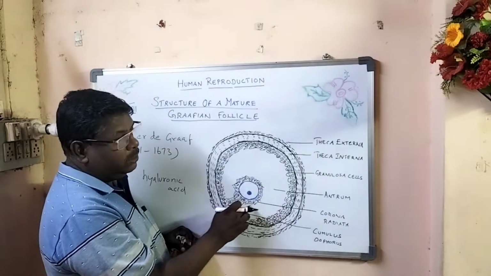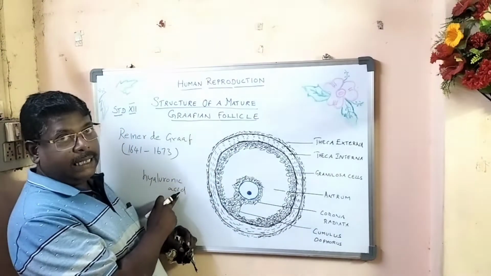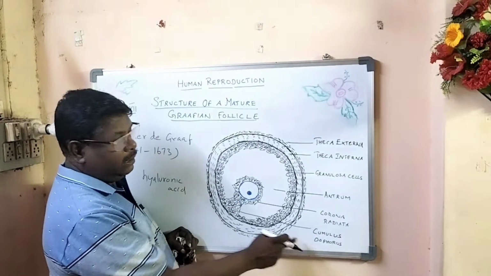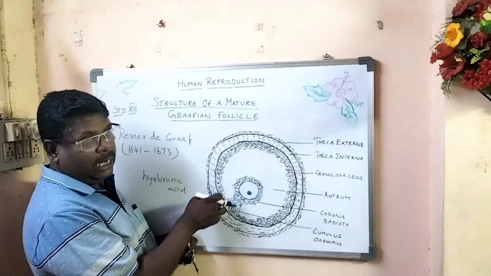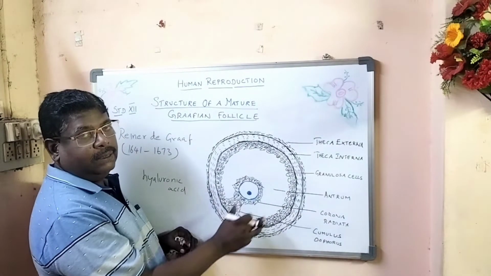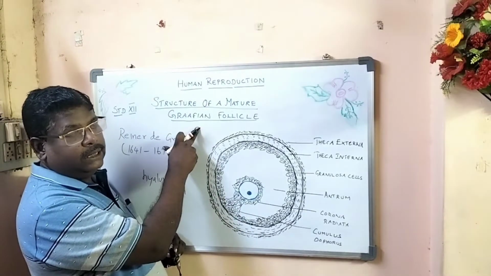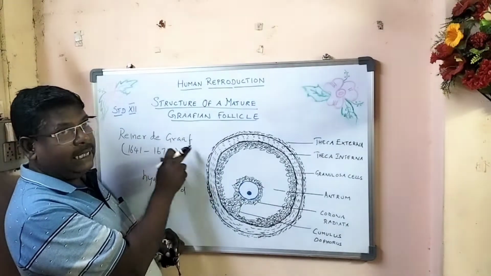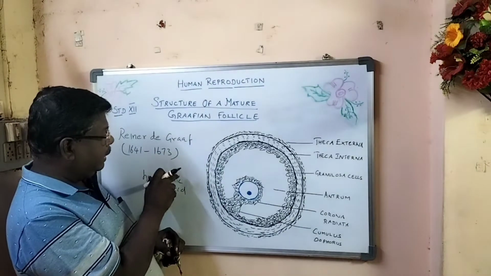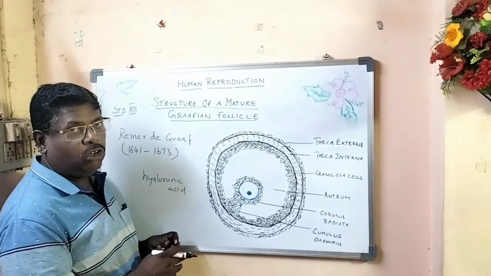That which covers the oocyte is called corona radiata, held up by hyaluronic acid matrix. And this stalk-like structure, cumulus oophorus, is also a cluster of granulosa cells that helps in oogenesis and fertilization. The name Graafian comes from the scientist Rainer de Graaf, 1641 to 1673, and to honor him we have the name Graafian follicle.